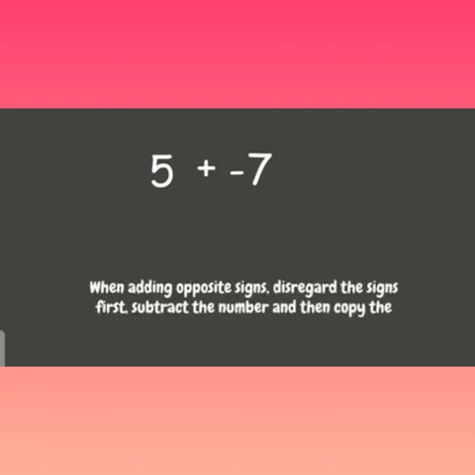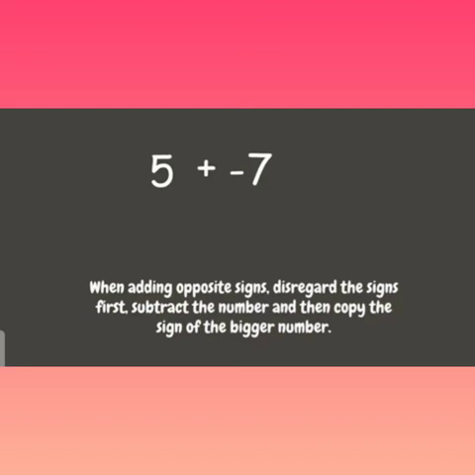At this point, we are now having the operation of addition. This time, we need to follow how we add integers. When we are adding opposite signs, first is to ignore or disregard the sign. And then, subtract the number. So we have here 5 and 7.